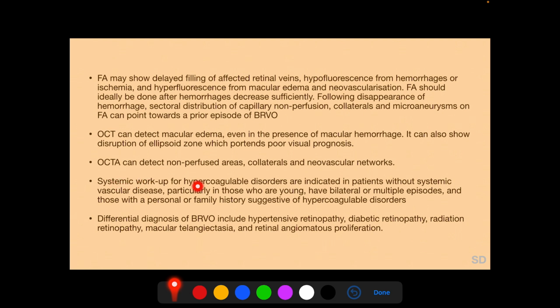Systemic workup for hypercoagulable disorders is indicated in patients without systemic vascular disease, particularly in those who are young, have bilateral or multiple episodes of BRVO, and those with a personal or family history suggestive of hypercoagulable disorders. Differential diagnosis of BRVO includes hypertensive retinopathy, diabetic retinopathy, radiation retinopathy, macular telangiectasia, and retinal angiomatous proliferation.